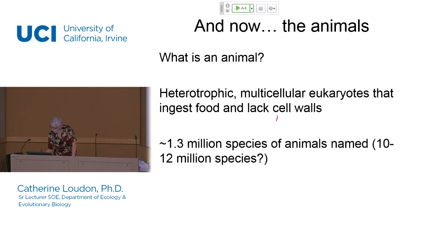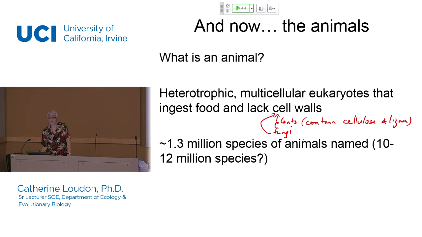Now, who has cell walls? Well, plants have cell walls, and you have learned about some of the important chemical compounds that are in plant cell walls. Plant cell walls contain cellulose and lignin, right? Remember that? And fungi also have cell walls.